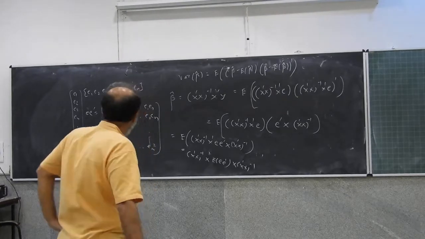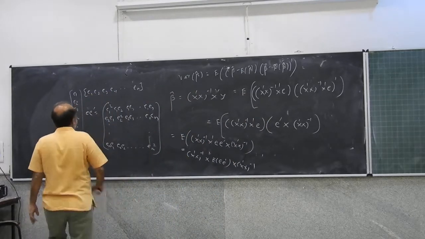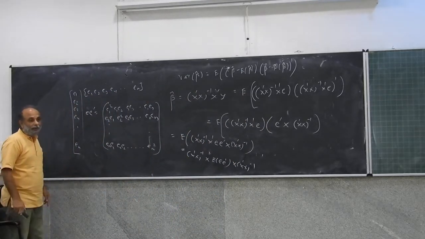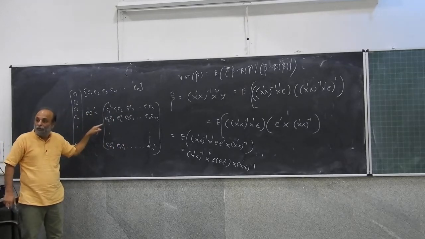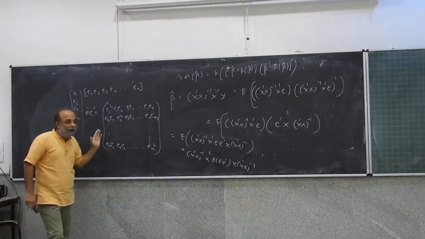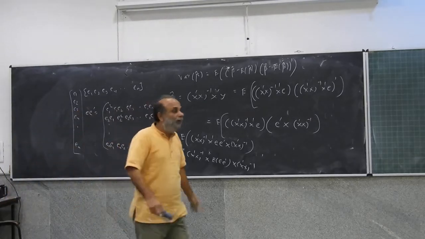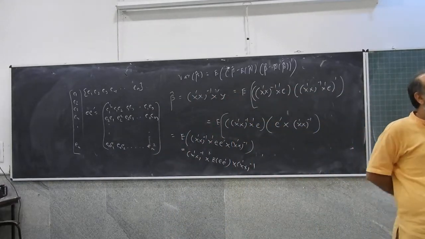What is the expectation of E E dash? Under the assumption of no autocorrelation and no heteroscedasticity, it is the expectation of each term. What is the expectation of E1 square?